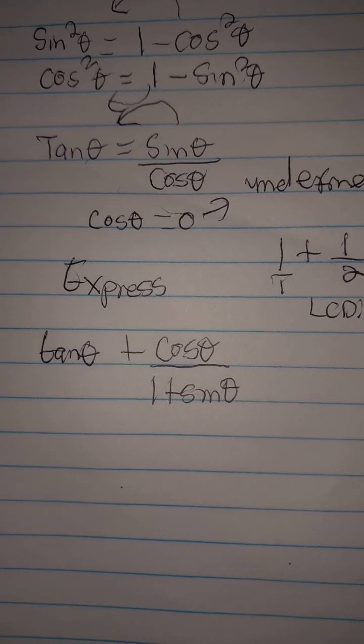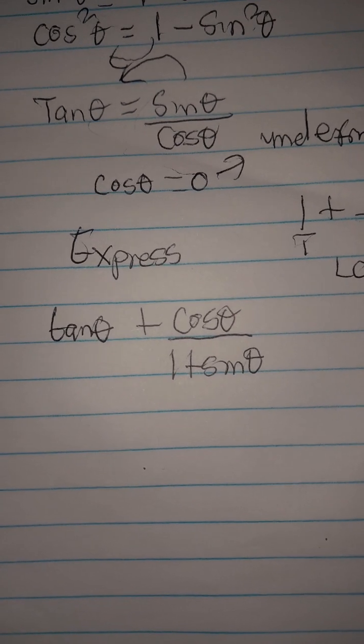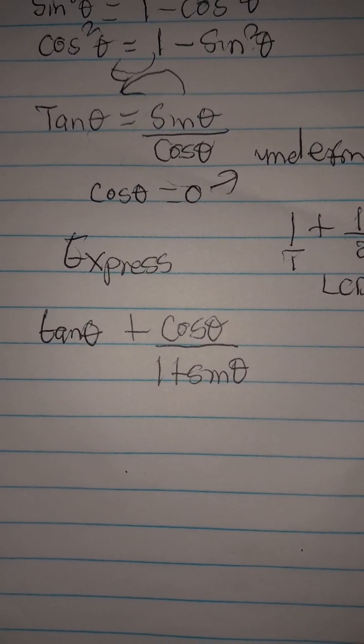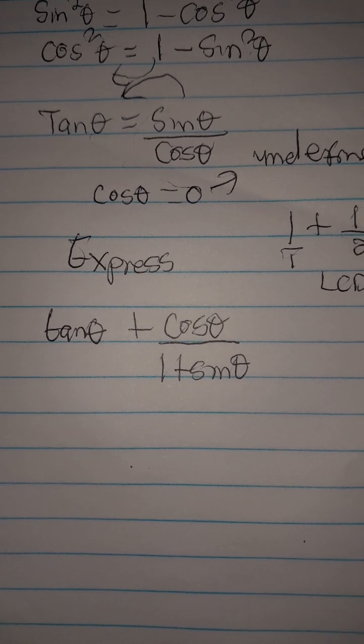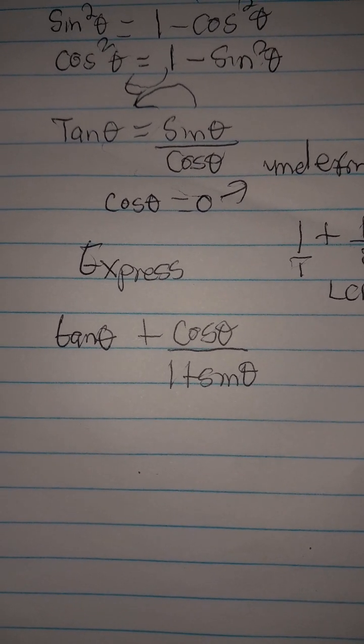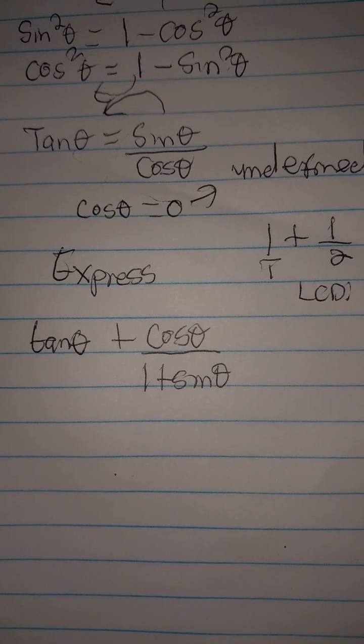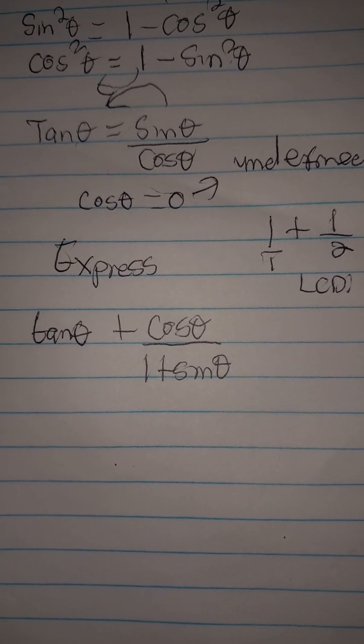So in this case, they said express tan theta plus cos theta divided by 1 plus sine theta. Usually they will say express it as a single trigonometric ratio.